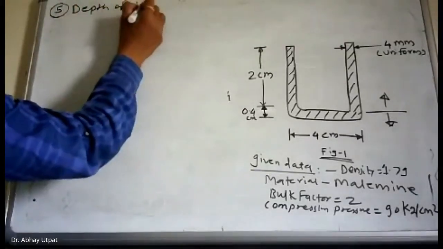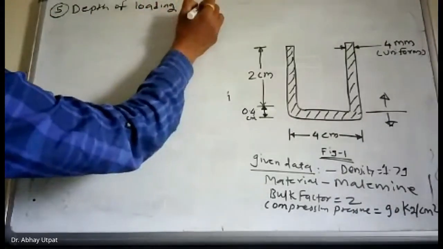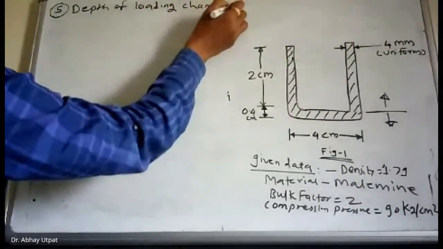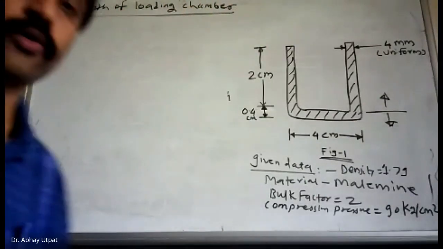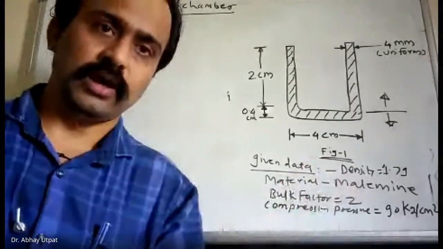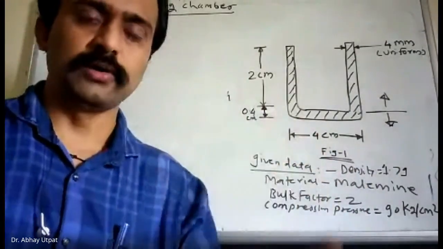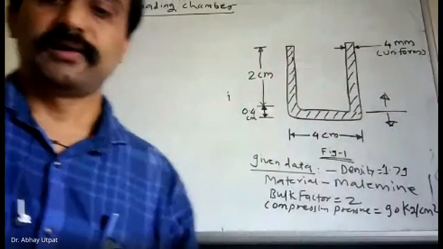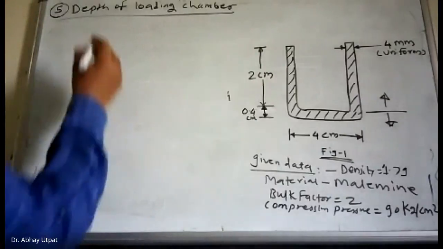Depth of loading chamber, where you are going to load your material. Now, I am doubtful whether you have that earlier written notebook with you. Those who have, please check that formula. See, what is the formula of depth of loading chamber?